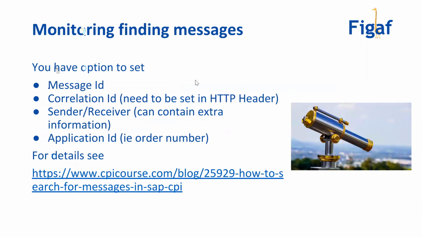The other thing we found was about finding messages. A message and the ID for it is obviously searchable. The correlation ID also makes sense, and we were setting this when we were calling the CPI system.